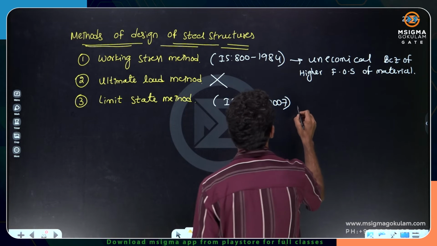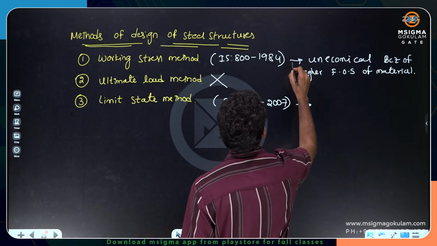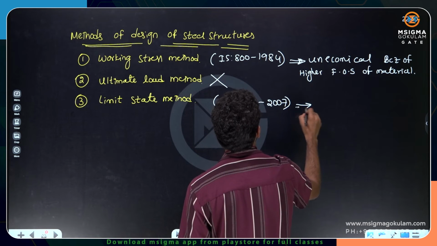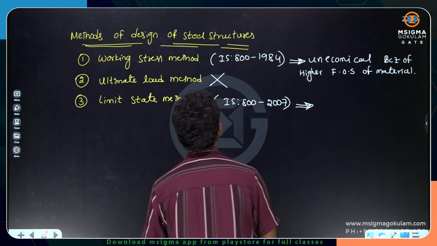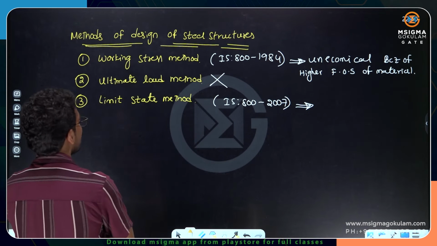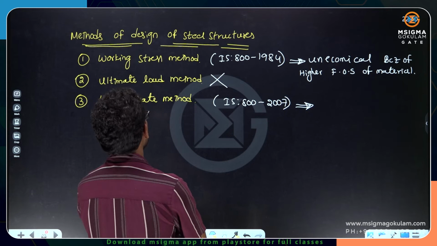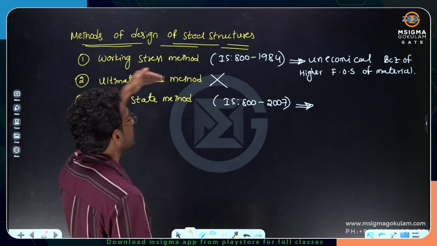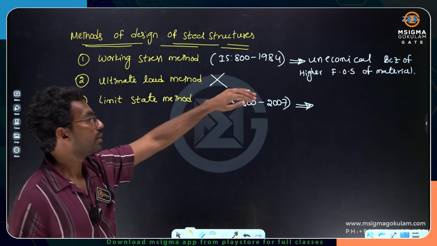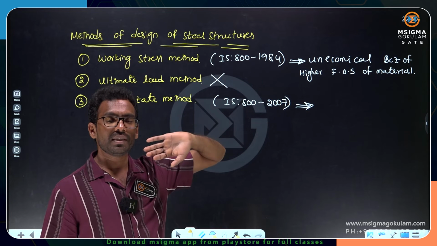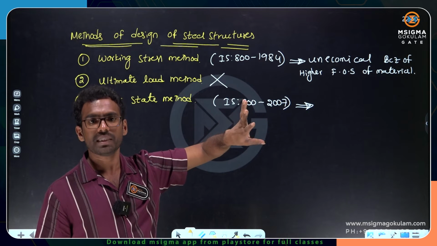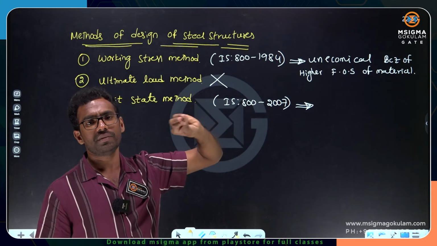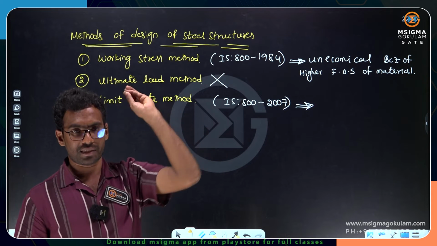Now we have the next one, the limit state method. What does the limit state method say? Its philosophy is something different. Before going to limit state, I have to say that the ultimate load method is not at all a safe concept. The reason is that no factor of safety is applied for material stress.